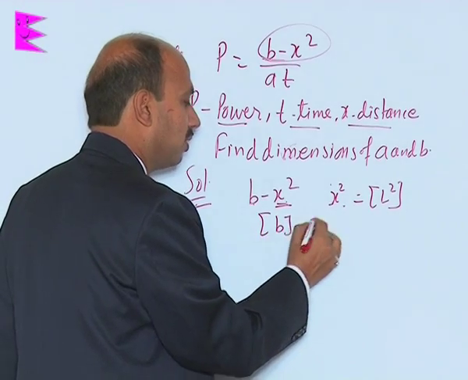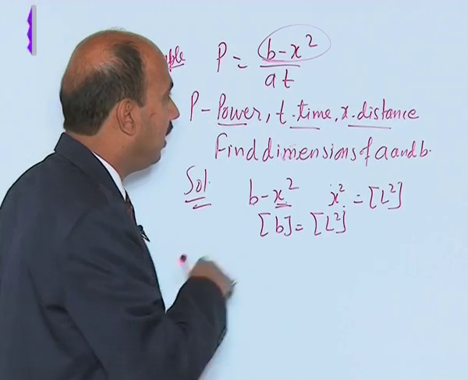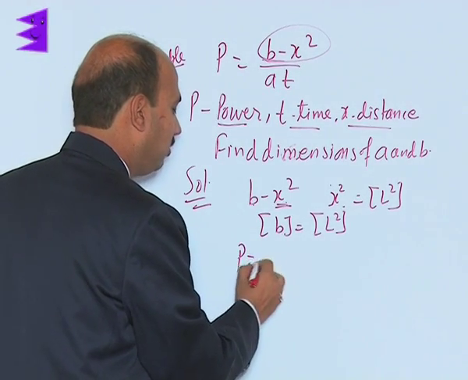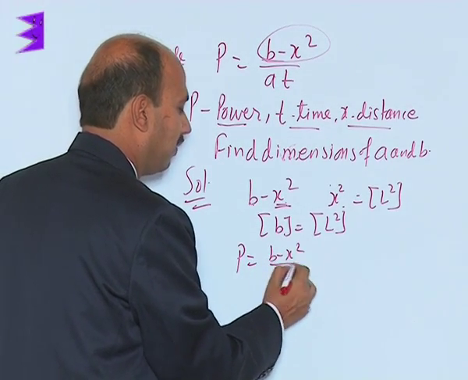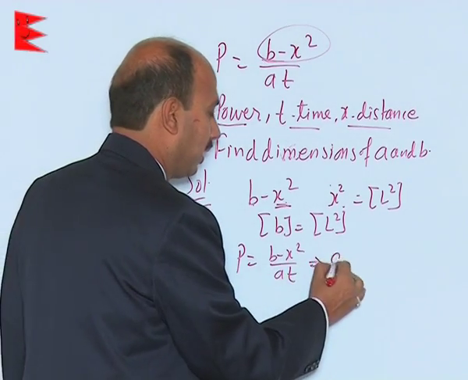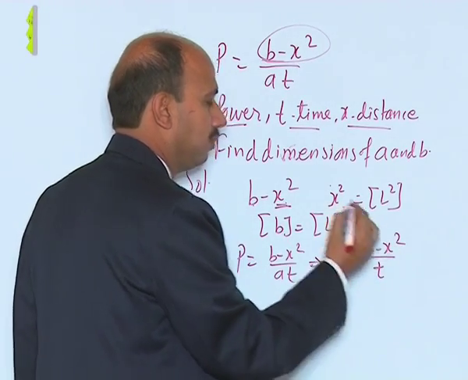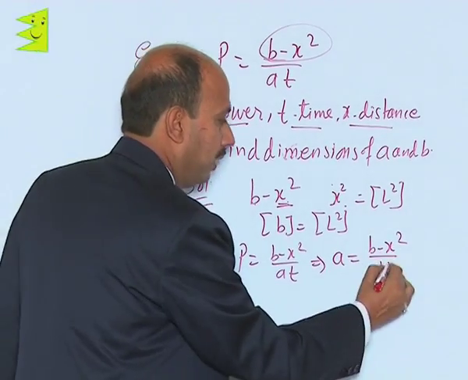So, we can write B is equal to L square. Now, we can go for the A. We know P is equal to B minus x square divided by A T. We have to get A. So, we can write A is equal to B minus x square by T into P power.